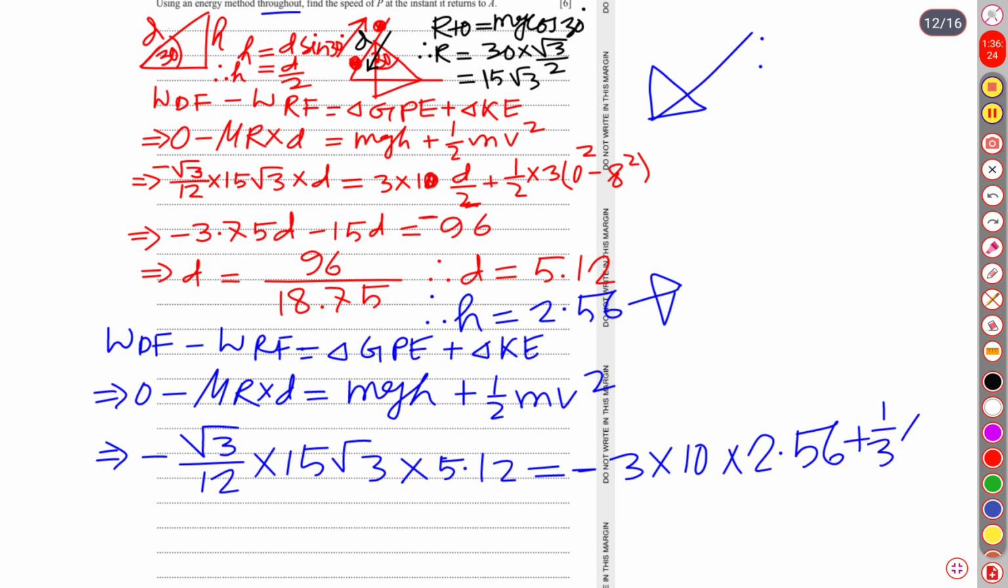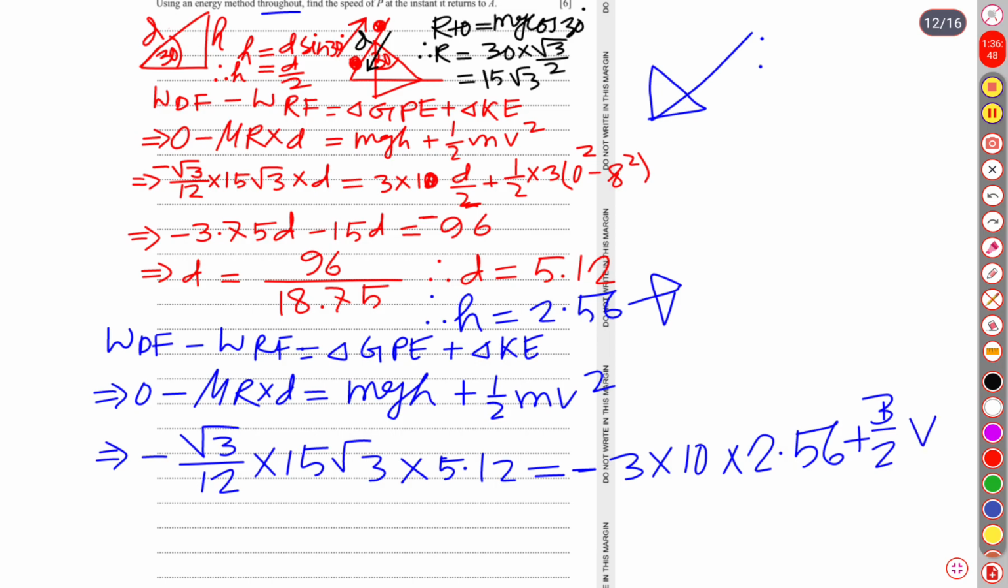Half into 3. Let me write 3 here, and final velocity. Look at this. Initial velocity was 0 because it reached instantaneous rest, then it was coming downward.